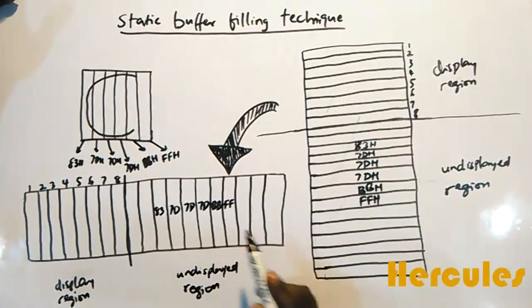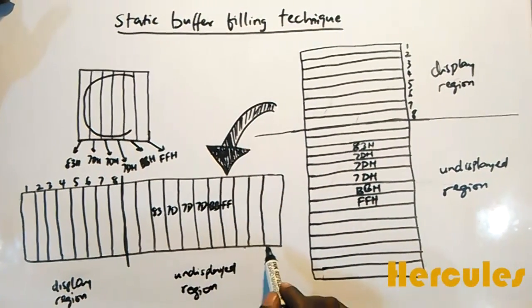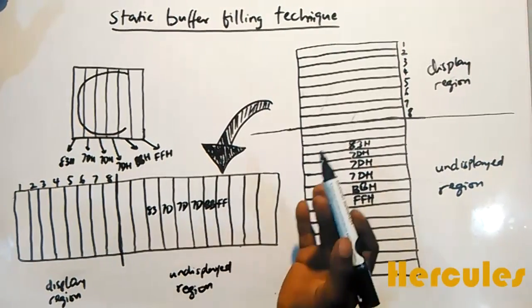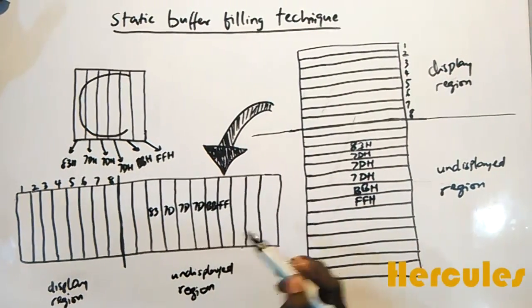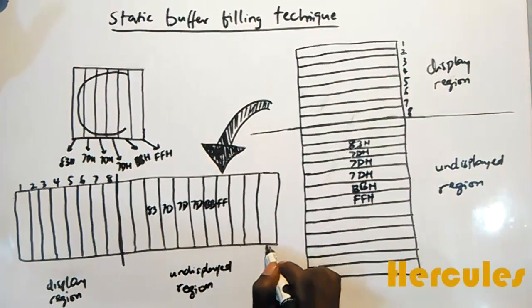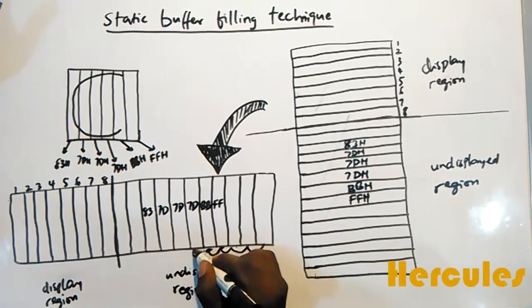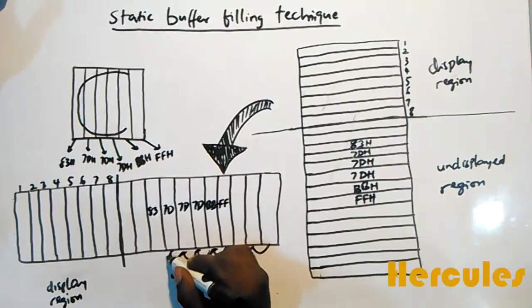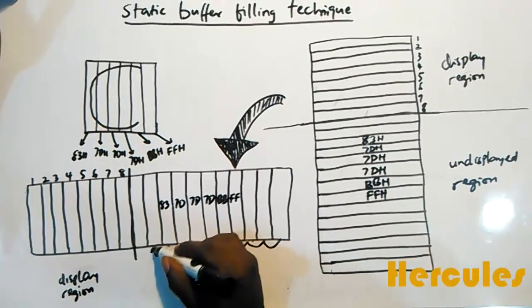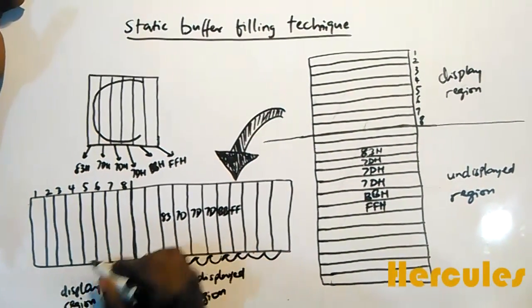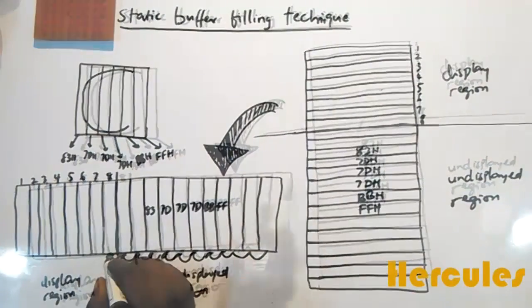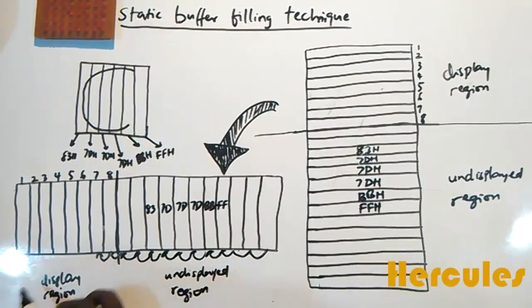In this case, we can use a shift instruction or a rotate instruction that will help us rotate one by one from the undisplayed region into the display region.